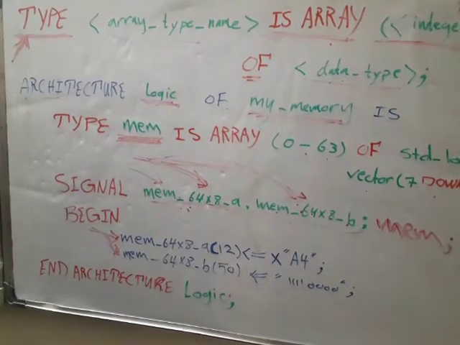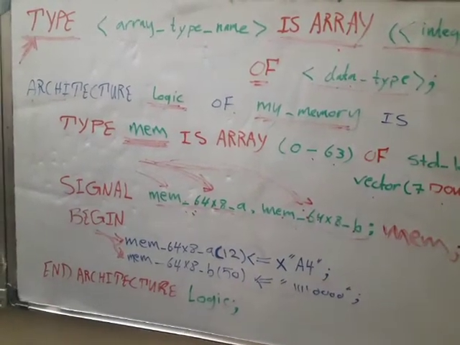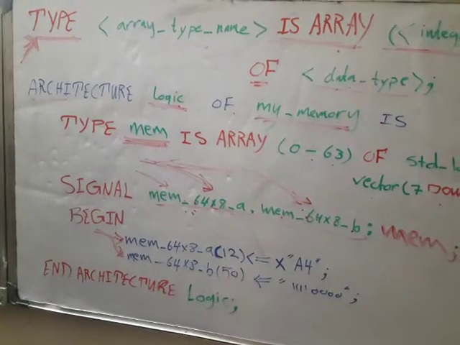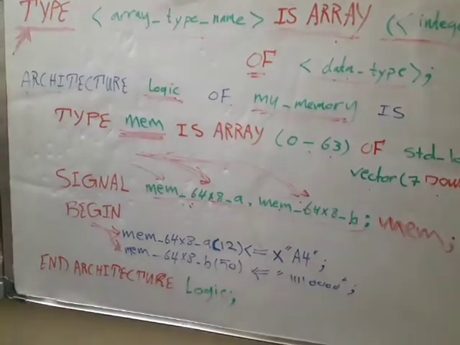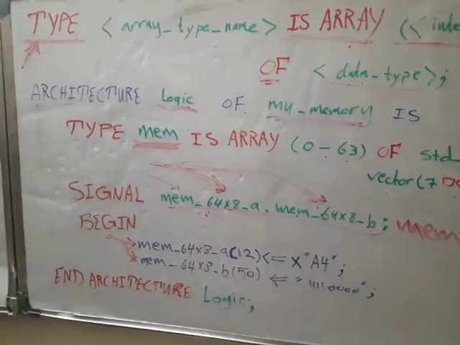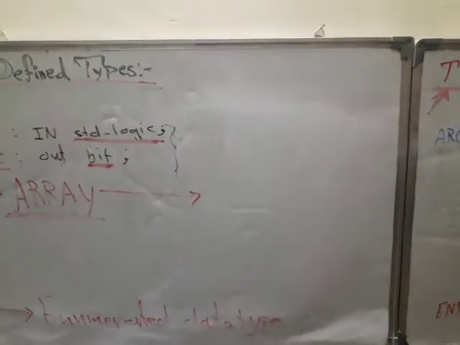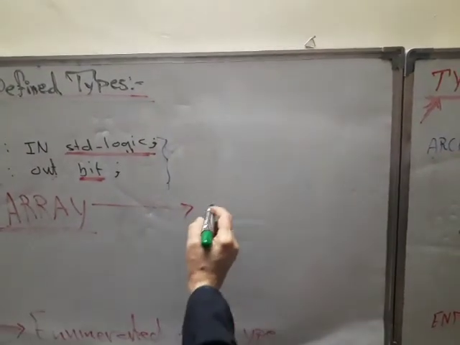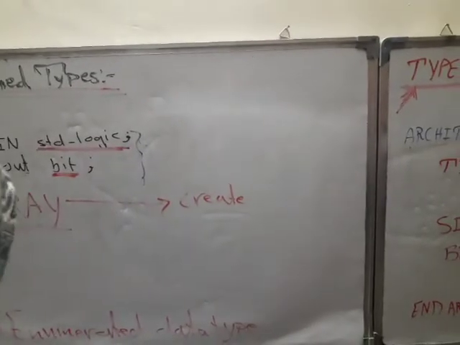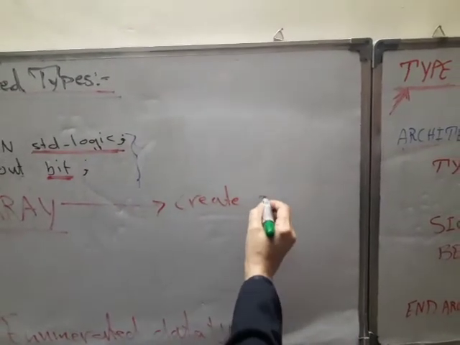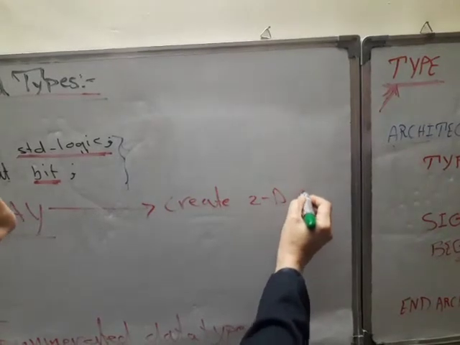At this point, the architecture body ends. The array type can be used for creating two-dimensional data types.